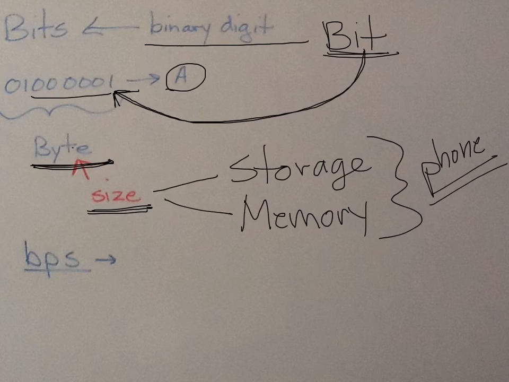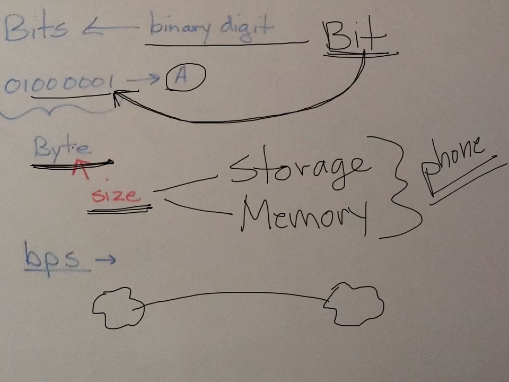When we talk about moving data in a network, so we have something here and we move it between these two clouds, the speed measures how many bits per second, how many of these ones and zeros we can move between those two locations.